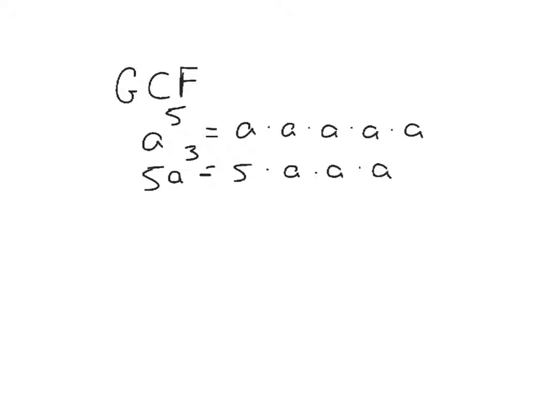Well, what's common in both of those? They both have 3 of these a's that are the same. So the greatest common factor of these two is just a to the 3rd.